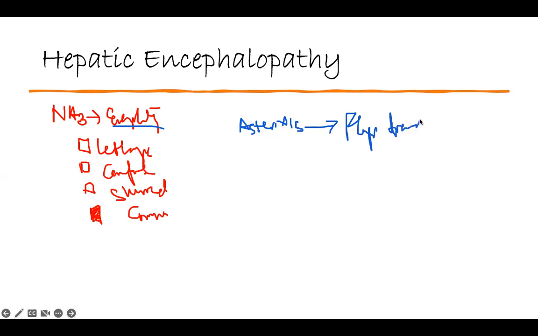When they stretch their hand, the hand starts to flap back and forth, and that shows that they have encephalopathy. That's a physical finding. Not everybody does that unless you have encephalopathy. So that's how you can check.